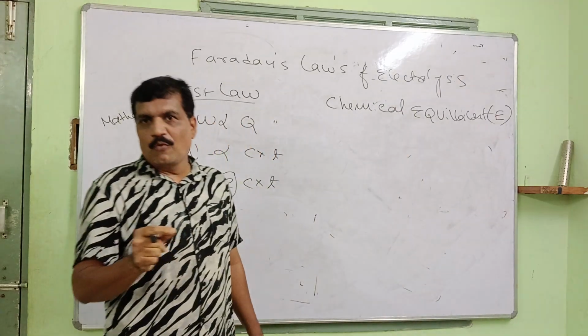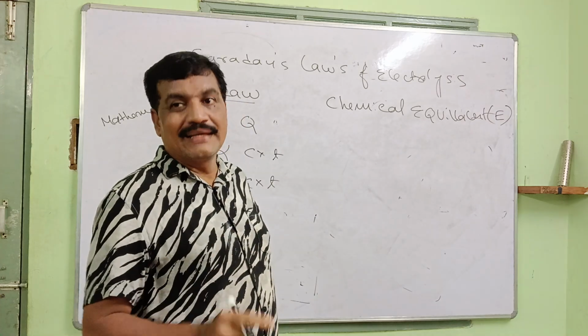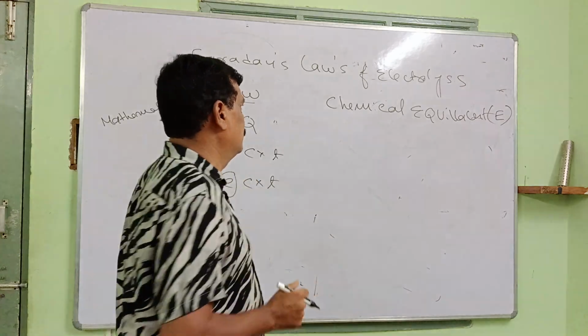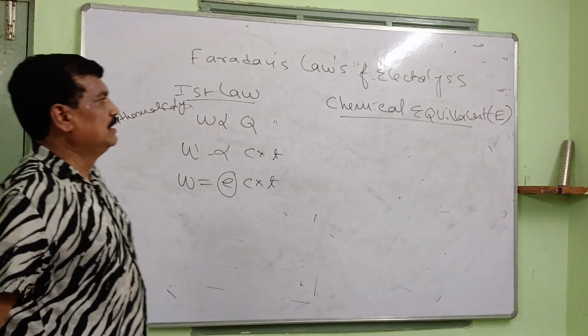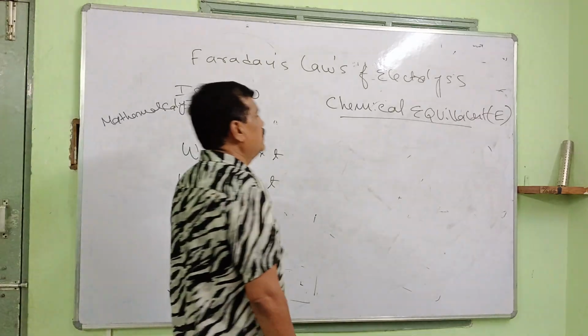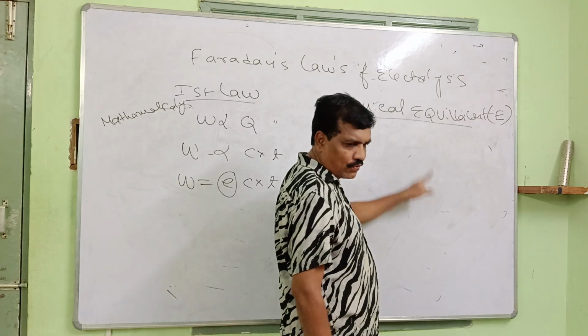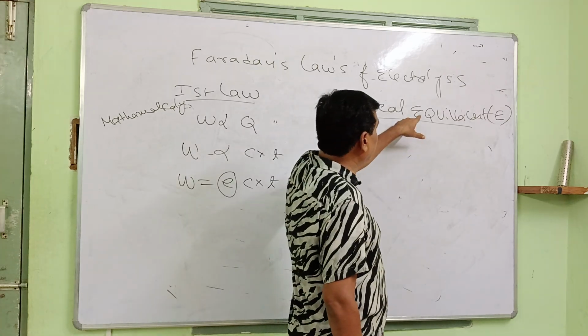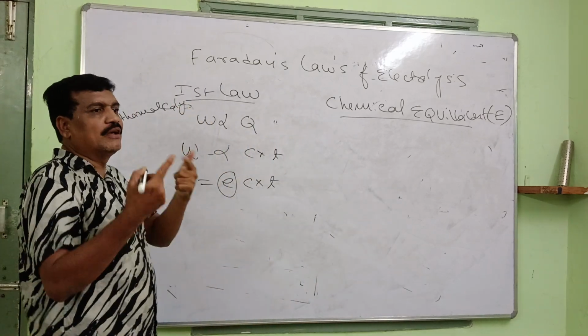I repeat again, small e means electrochemical equivalent, capital E means chemical equivalent. So, what is the chemical equivalent? If 1 Faraday of electricity is passed through an electrolyte, the amount of substance deposited at the electrode is called chemical equivalent.